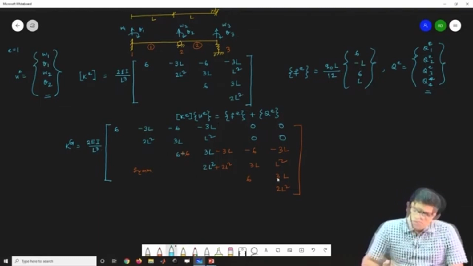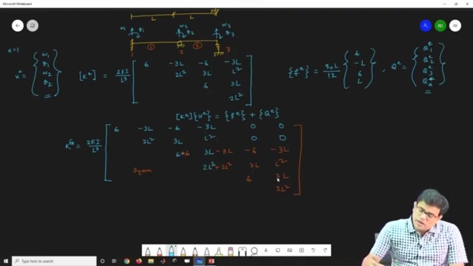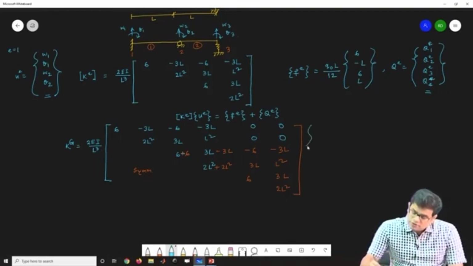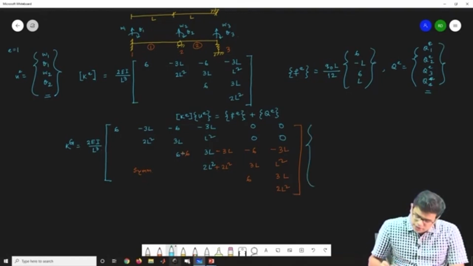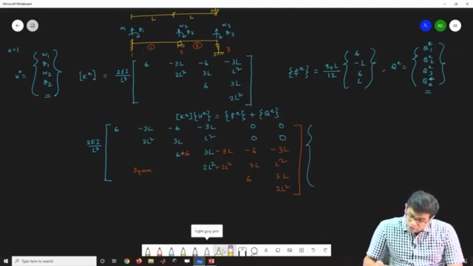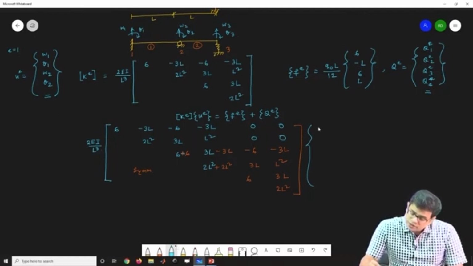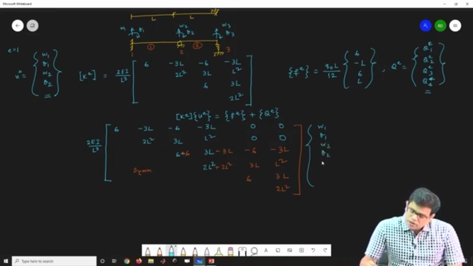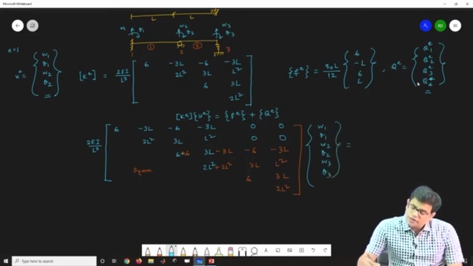So now Kg, the global stiffness matrix, multiplied by your associated degrees of freedom, W1 theta 1, W2 theta 2, W3 theta 3. So these are my unknowns, and now you will have the global force vector.